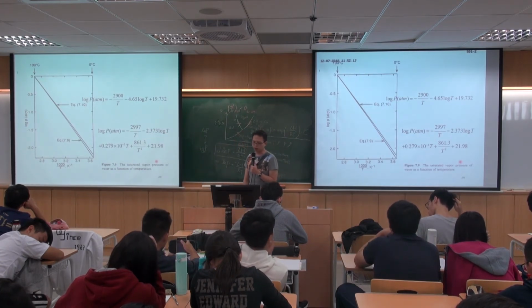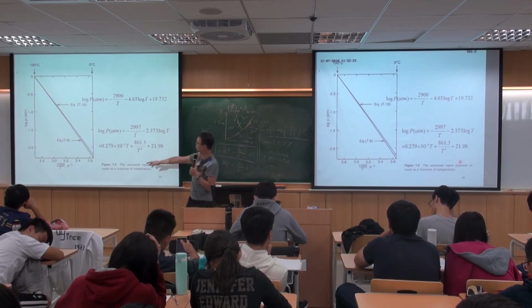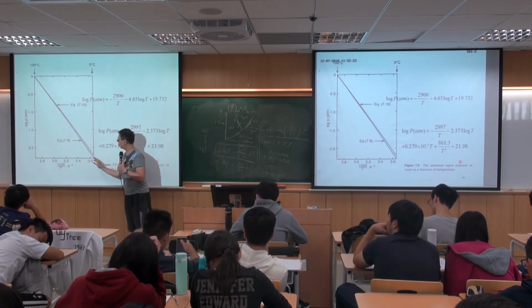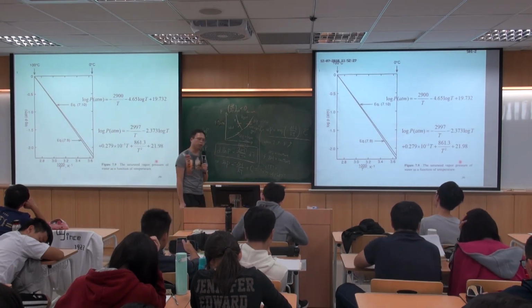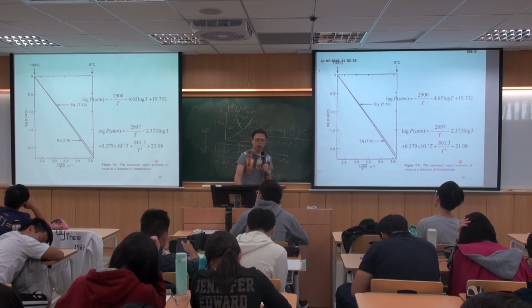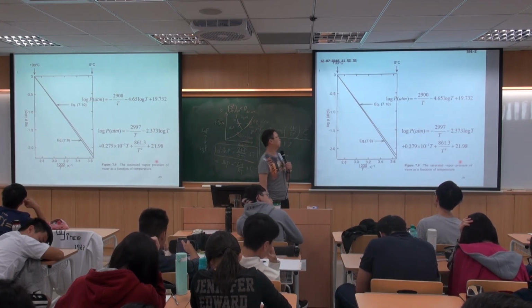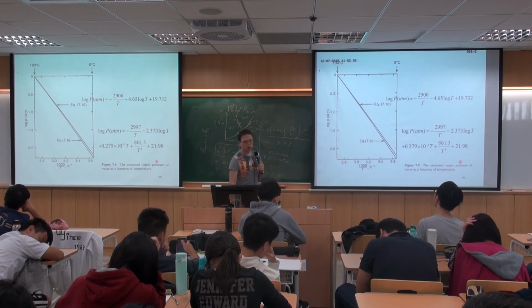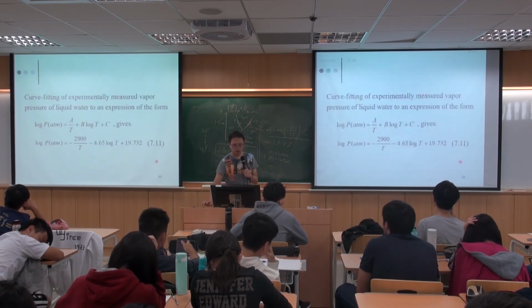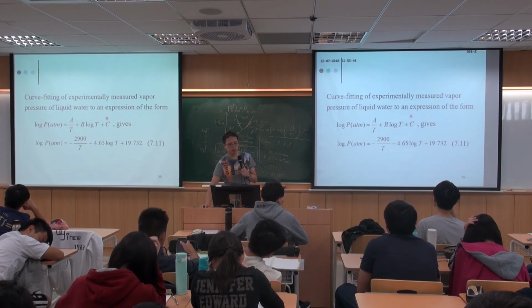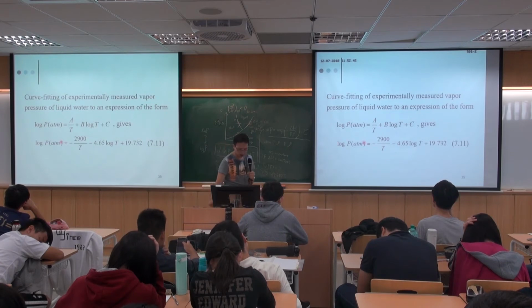Only when the temperature is low, here is the inverse of temperature, so here means that the temperature is low. When the temperature is low, there's a huge deviation. But when the temperature is high, the approximation seems to be pretty good. So eventually, people typically just use this kind of expression to fit their saturated vapor pressure.